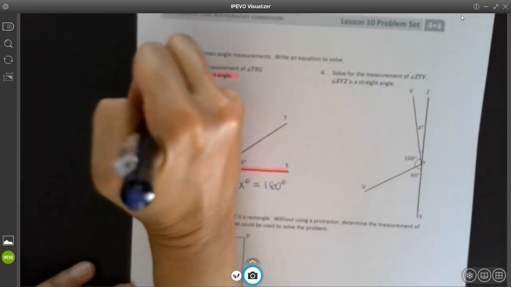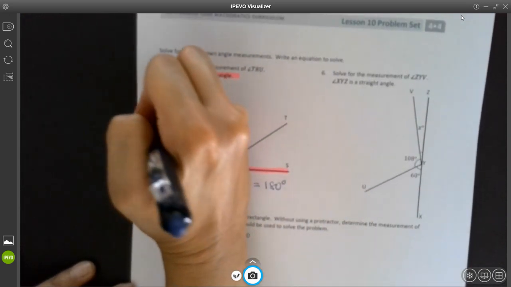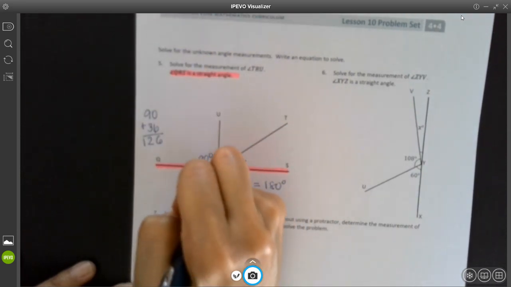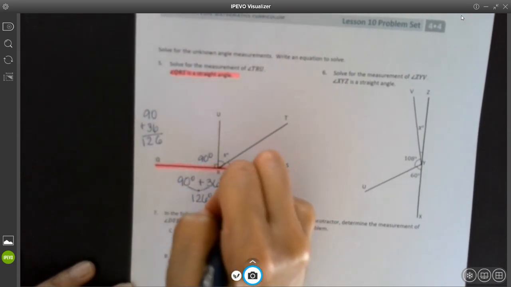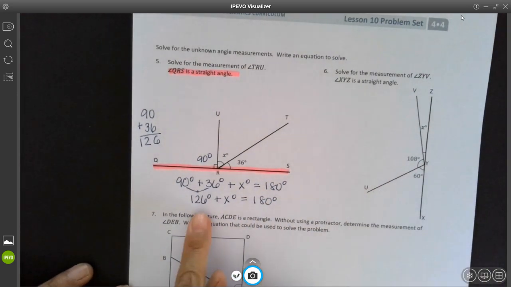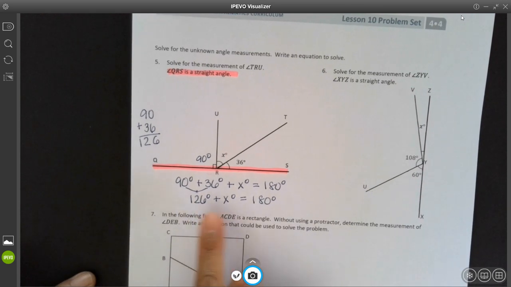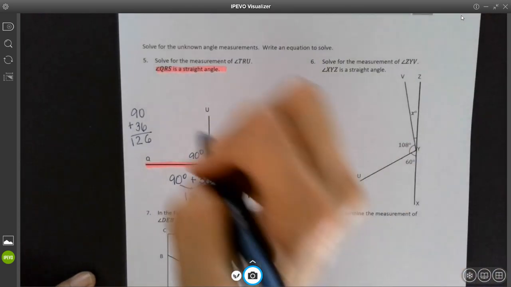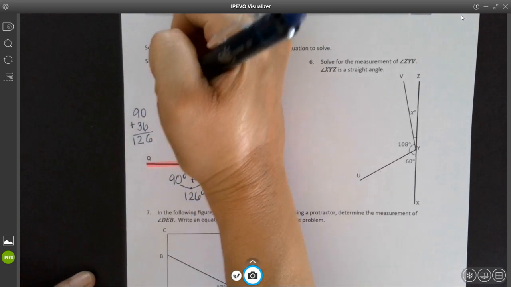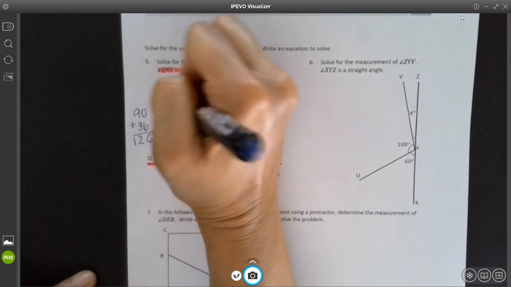Okay, I'm going to add that up here, 90 plus 36. That's 126. So 126 degrees plus X degrees equals 180 degrees. I just need to subtract now. I know that I need to do 180 minus 126 to find that X. I will do that up here. 180 degrees minus 126 degrees.